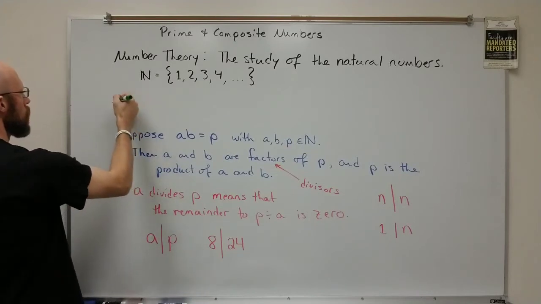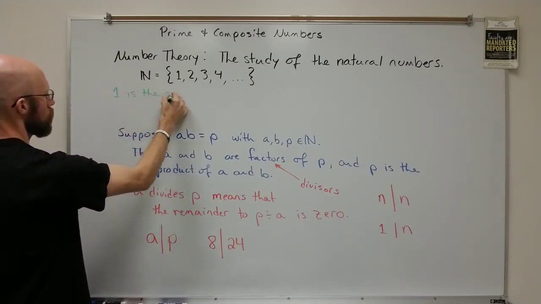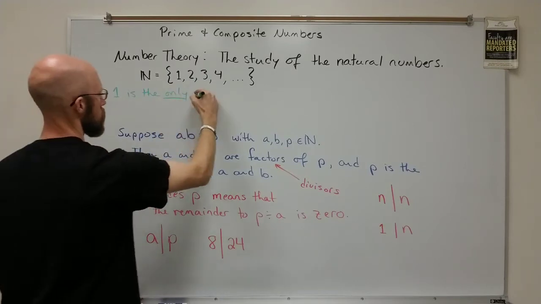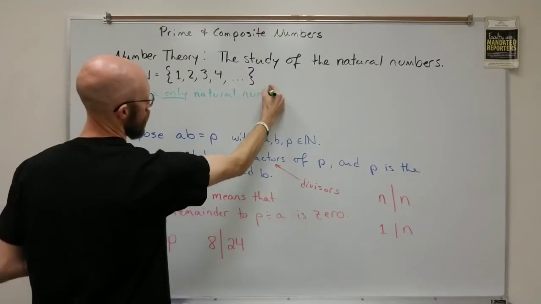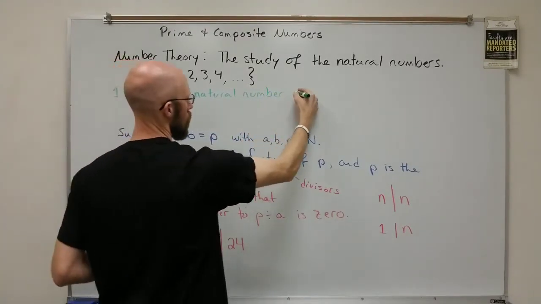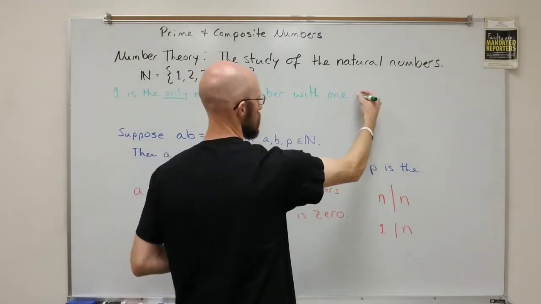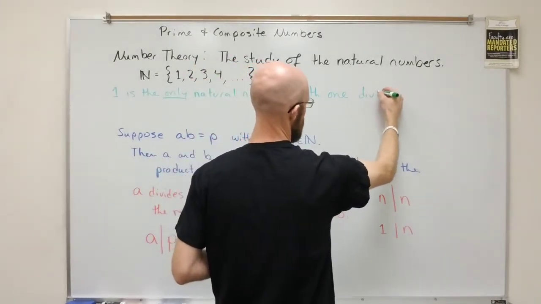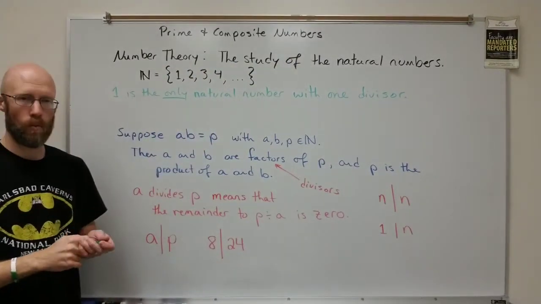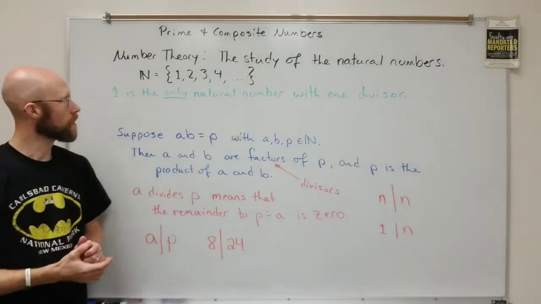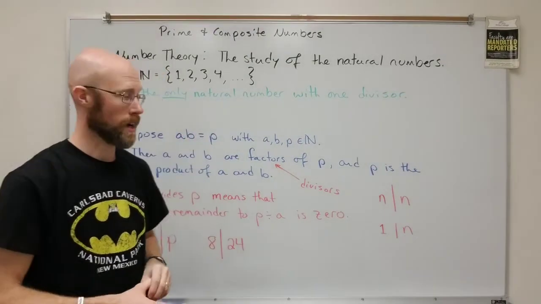So 1 is the only natural number with one divisor. Everything else will have 1 and itself, and itself being different from 1 makes it 2 distinct factors.